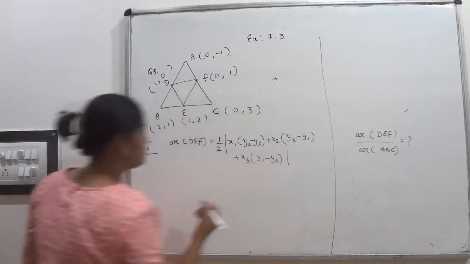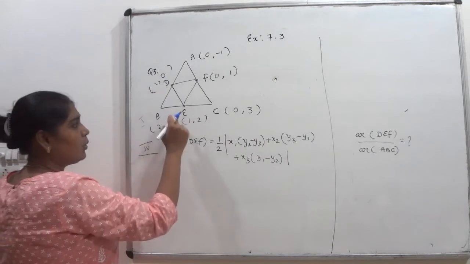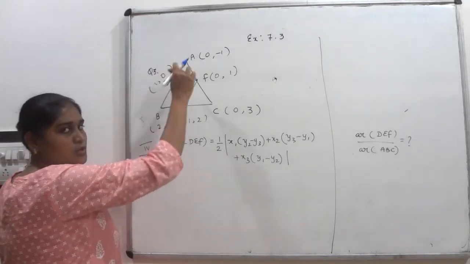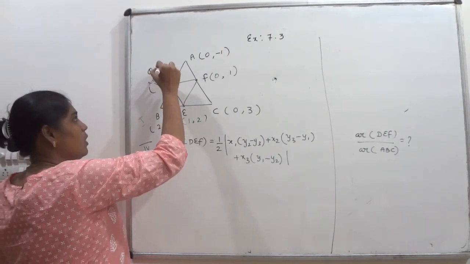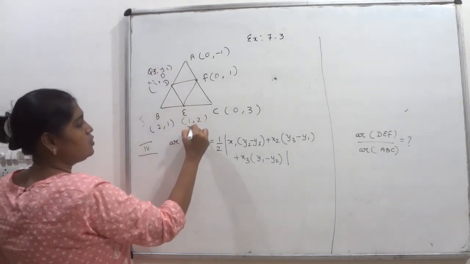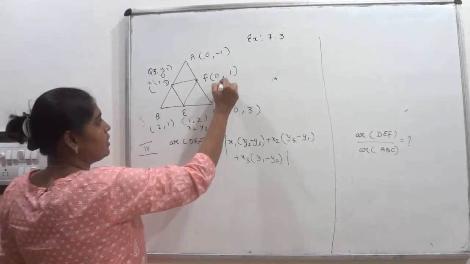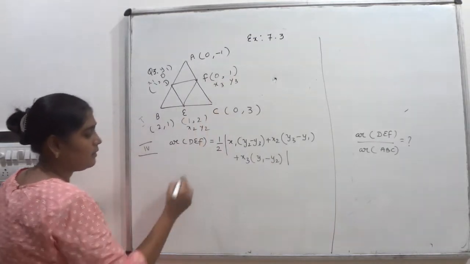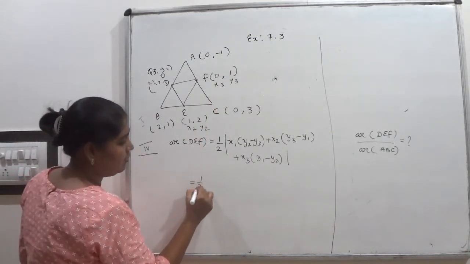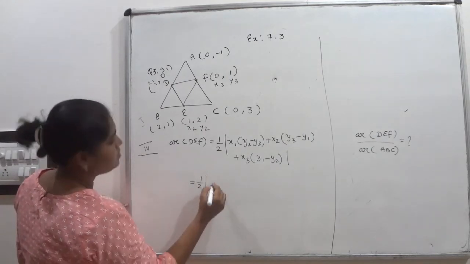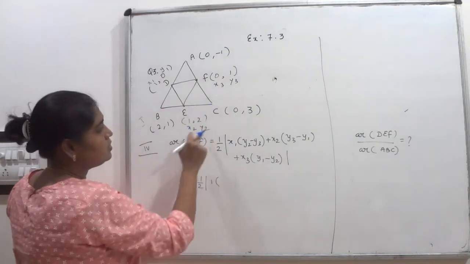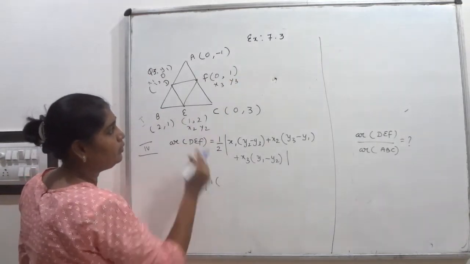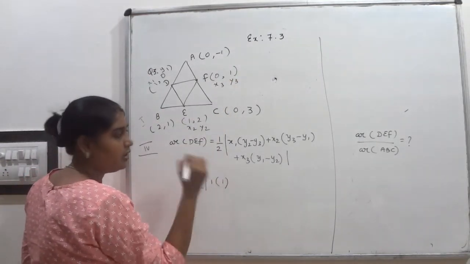First of all, I want to write x1, y1, x2, y2, x3, y3. See, write it half. x1 is 1. y2 minus y3. What is y2? That is 2 minus y3. 2 minus 1 is 1. Directly I am writing.